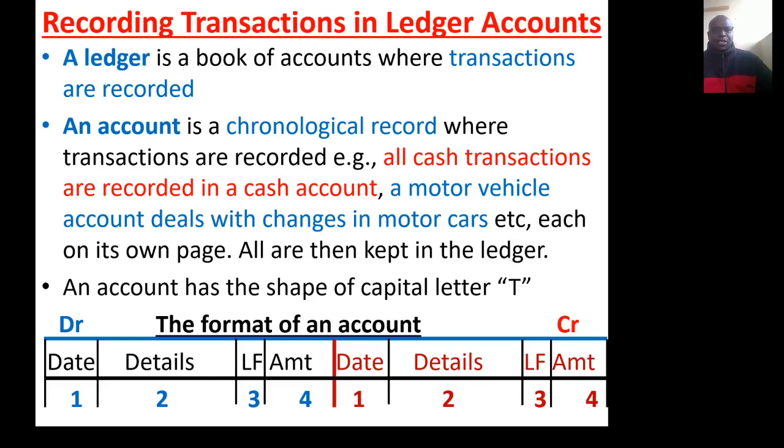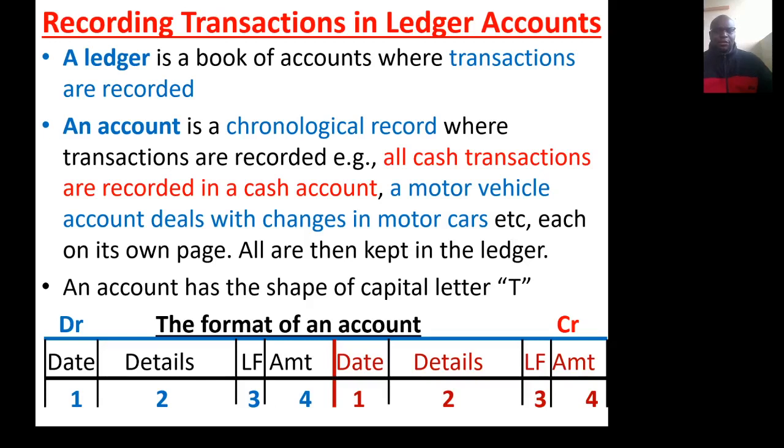A ledger is a book of accounts where transactions are recorded, and an account is a chronological record where transactions are recorded. For example, all cash transactions are recorded in a cash account. That is, cash inflows and cash outflows in a business. A motor vehicle account deals with changes in motor vehicles in an organization.